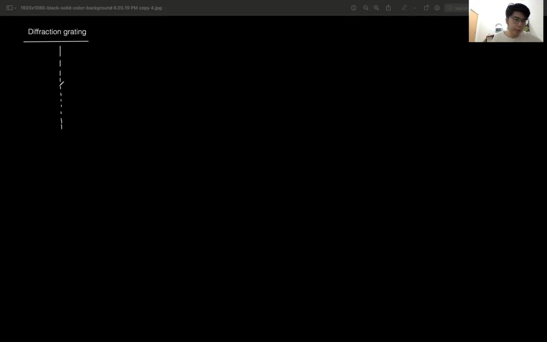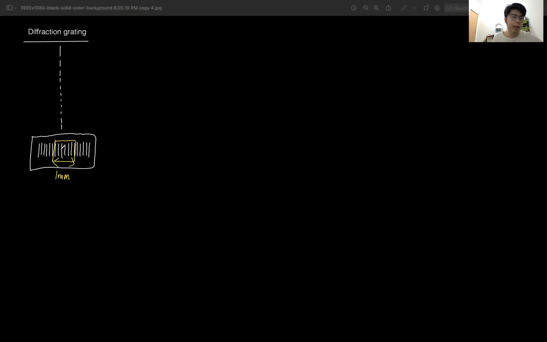Usually, this grating, they will call it how many lines per millimeter. So the grating looks like this. You have a piece of it, and then you have the very tiny lines, which are actually the slits. How they measure it is they take 1 millimeter and count how many lines in 1 millimeter.